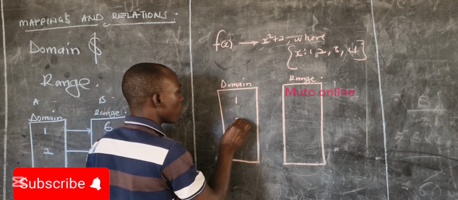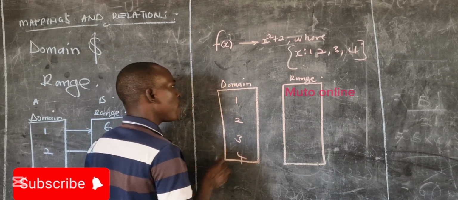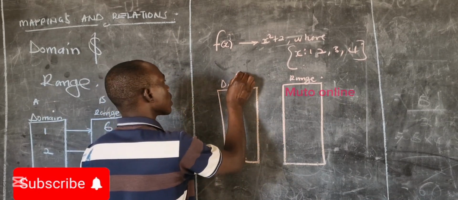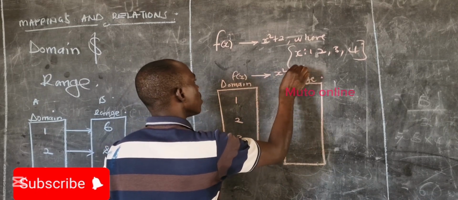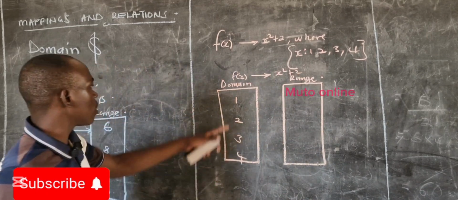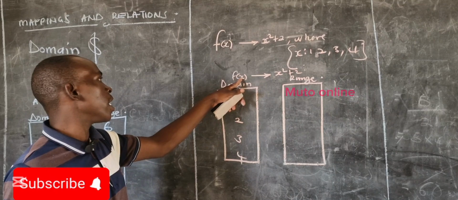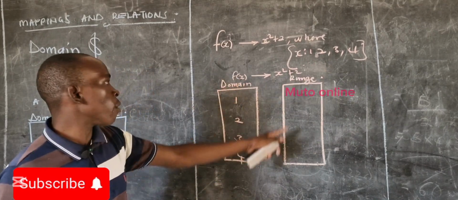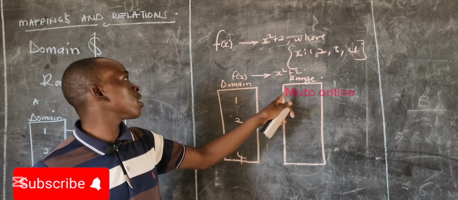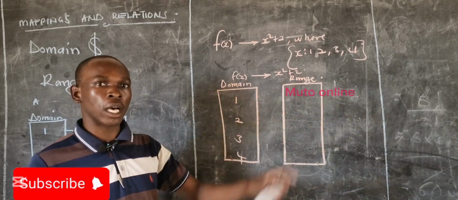We have 1, 2, 3, and 4. But not forgetting that f of x here is defined by x squared plus 2. That means if this is f of x, then these are the x values given: 1, 2, 3, 4. Then they want us to get the range values with the use of this formula, x squared plus 2.